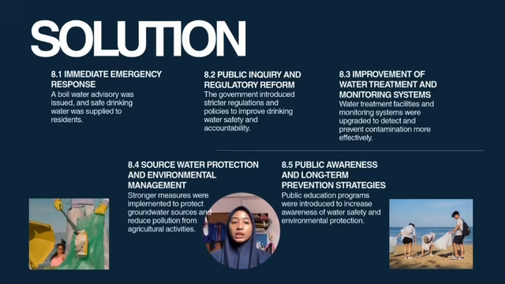Next, source water protection and environmental management. Stronger measures were implemented to protect groundwater sources and reduce pollution from agricultural activities. Last, public awareness and long-term prevention strategies. Public education programs were introduced to increase awareness of water safety and environmental protection.